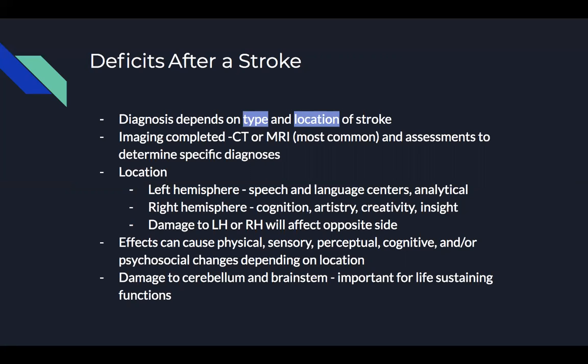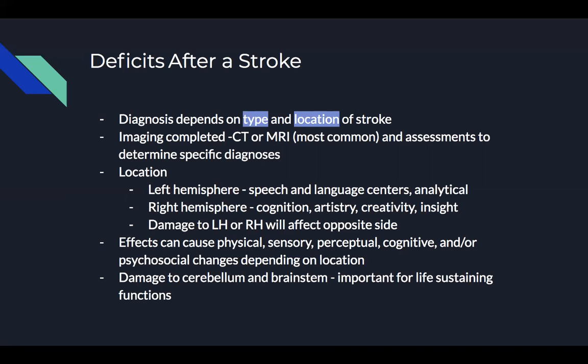Damage to either lobe is going to affect the opposite side of the body when it comes to weakness or paralysis. And effects can cause physical, sensory, perceptual, cognitive, and or psychosocial changes depending on the location. Physical is going to be that weakness and paralysis in the arm, legs or face, and can affect balance, coordination, swallowing.